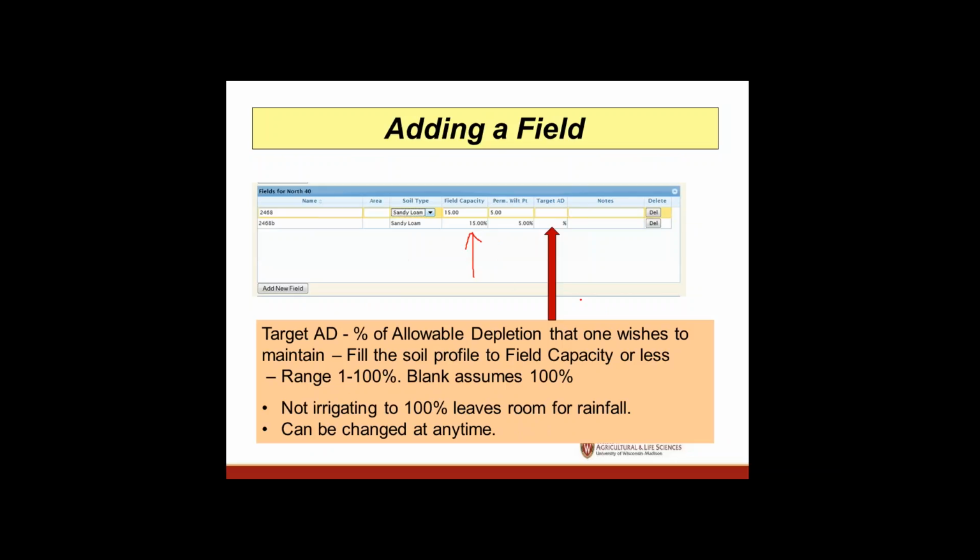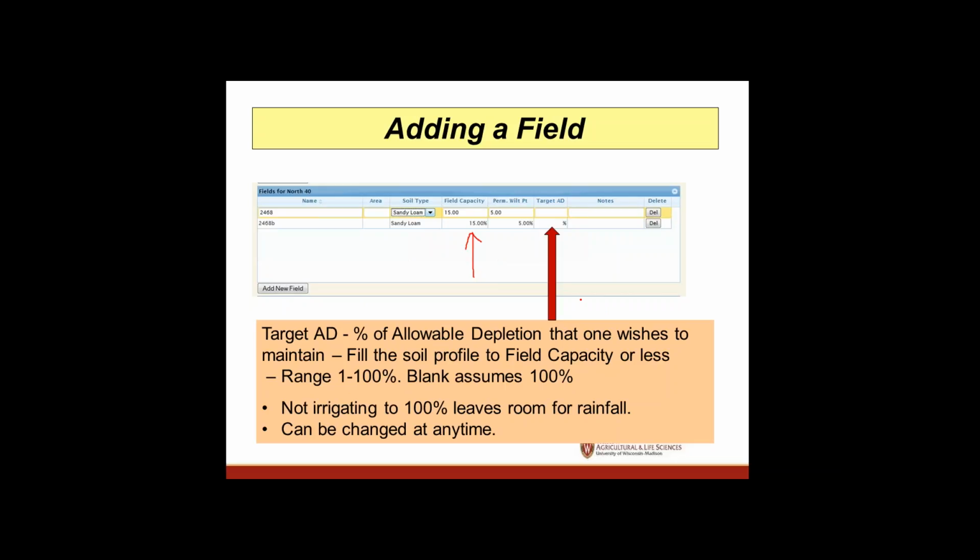The other thing we need to know is total or target allowable depletion. So this is how much water you want to maintain in the soil. So it's usually between 0 and 100%. If it's blank, it assumes 100%.